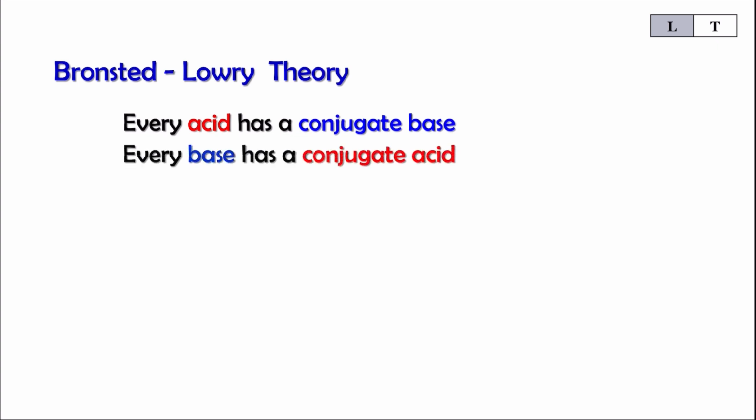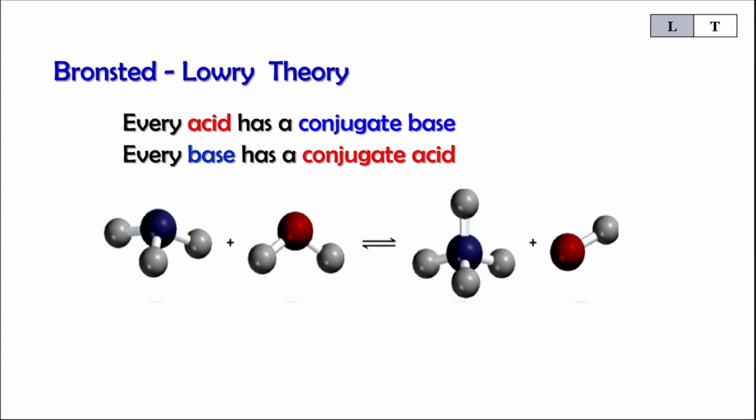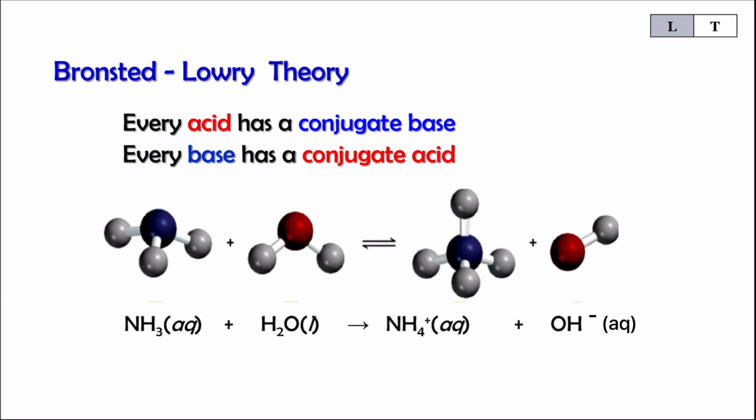You should understand as well, every acid has a conjugate base. Sama juga dengan every base has a conjugate acid. Contoh macam this one. NH3 plus H2O produce NH4 plus OH minus. So you can see here, NH3 dia accepts proton untuk jadi NH4 plus.